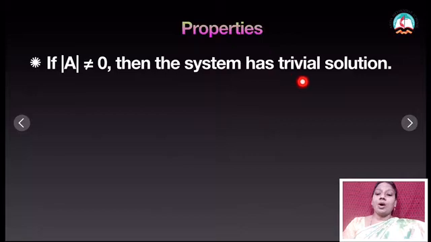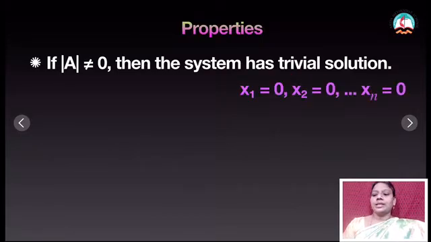So if they are all equal to 0, then we get solutions like x1 equal to 0, x2 equal to 0, etc., xn equal to 0. These kinds of solutions are called trivial solutions. That is, I have a set of equations in which all the variables give the result 0, then we call that a trivial solution.